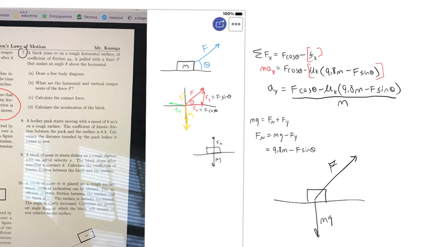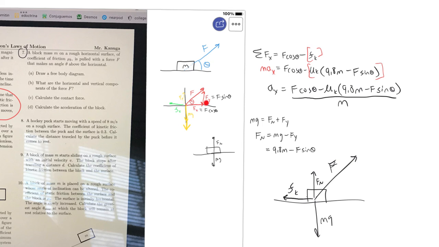Mg. Fk. And then there's the normal force, Fn. It's possible that's all the teacher wants there.